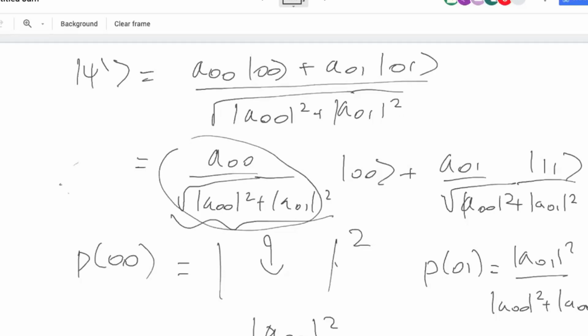That's the probability of getting 0 when I measure the first qubit. Now the post-measurement state collapses precisely to those terms that have 0 in the first component. In principle, it can be 0, 0 and 0, 1, right? Not just either of the two. It will be both.